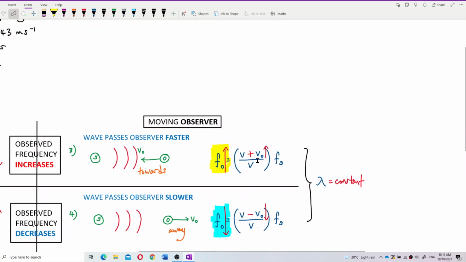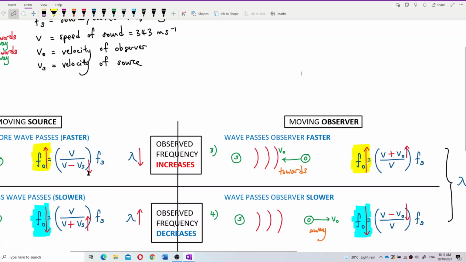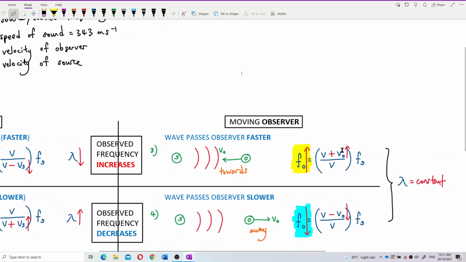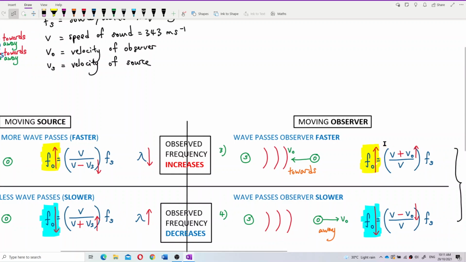But for this one, the VO is at the top, not at the bottom. So the value at the top here needs to become bigger in order for FO to become bigger. So the difference is this. Last time, the value below needed to become smaller in order for FO to become bigger. This time, the value at the top needs to become bigger in order for FO to become bigger.